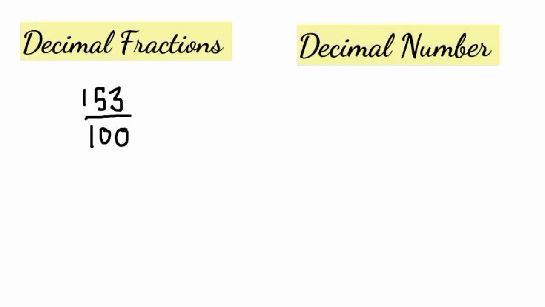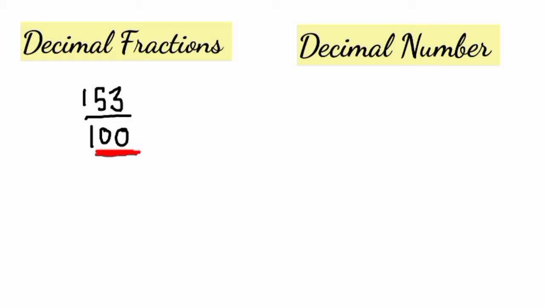Clear? Now we have some decimal fractions and we want to write them in the form of decimal numbers. It means we want to put a decimal point. So count the number of zeros in the denominator. In the denominator you have 2 zeros. It means there should be 2 digits after decimal, or we can say there should be 2 decimal places.